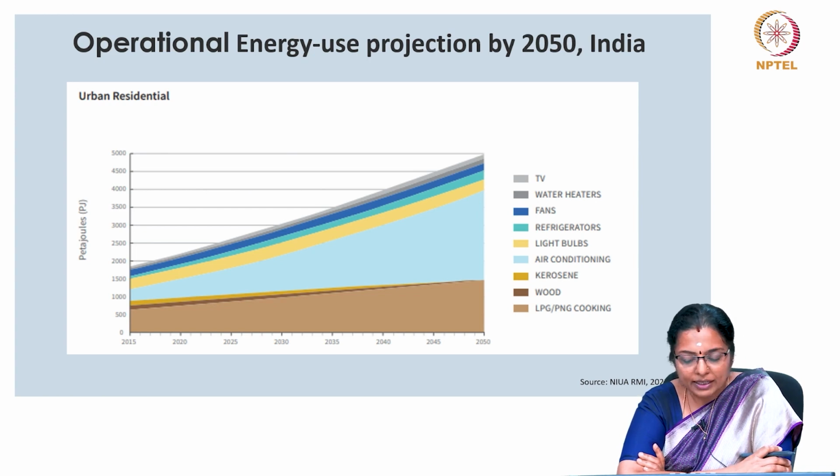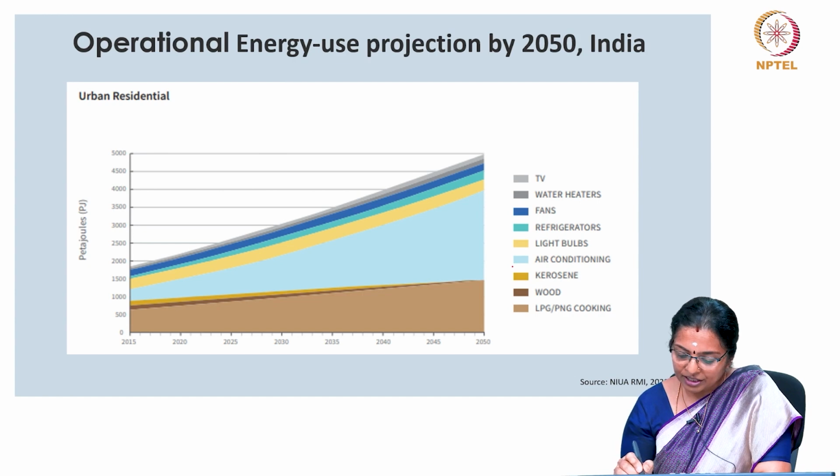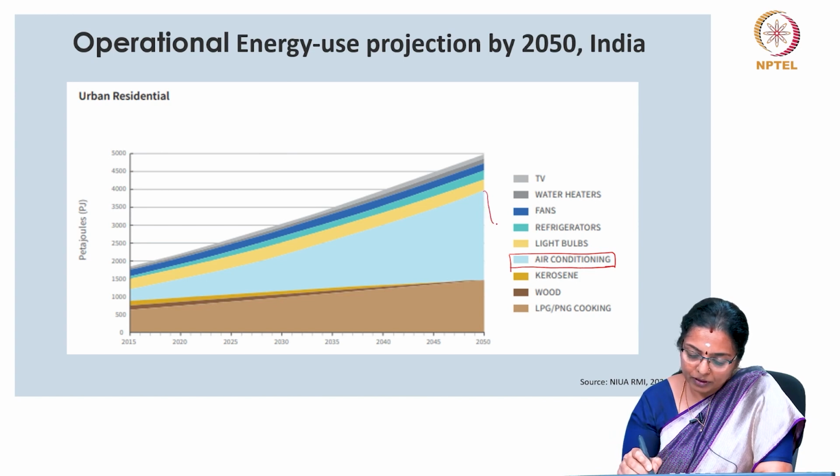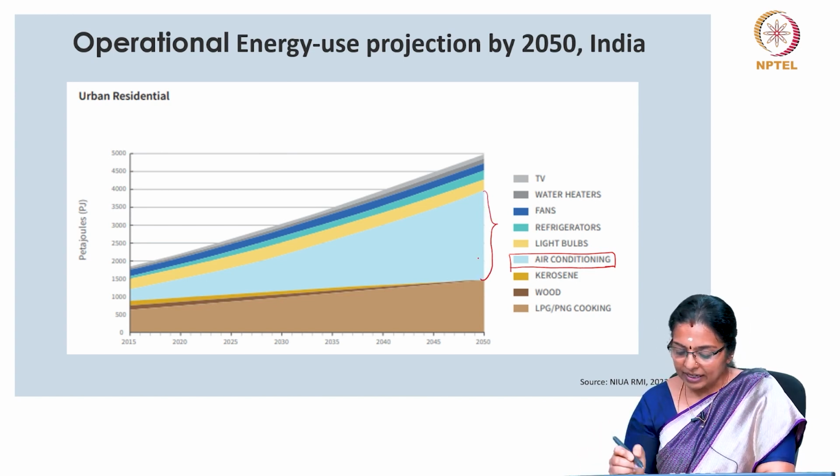Now, if you look at the urban residents and if you look at the energy consumption pattern, or rather the contraptions which consume energy, we can see that air conditioning is one of the most contributing reasons to carbon emissions, and next to that comes LPG or PNG cooking.